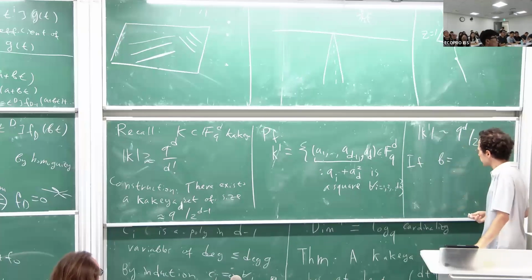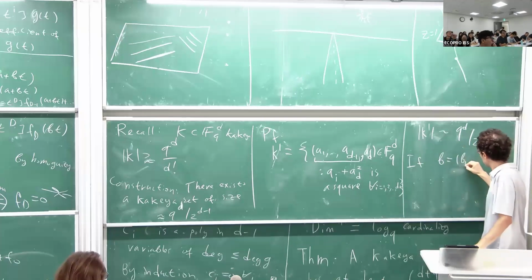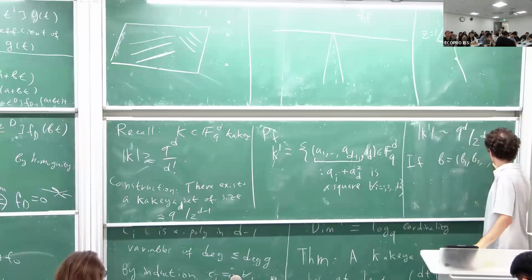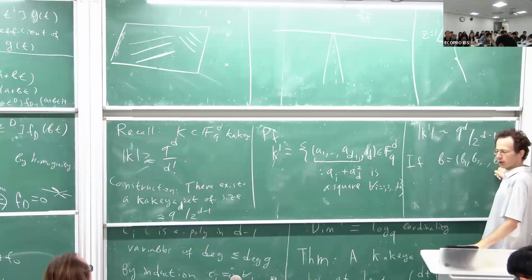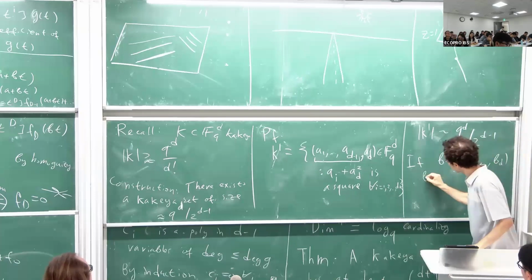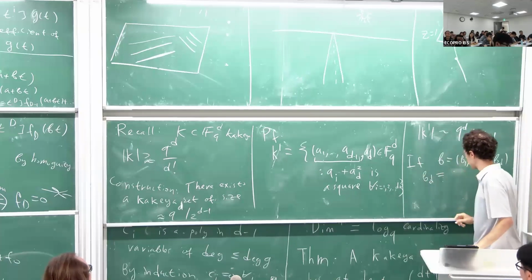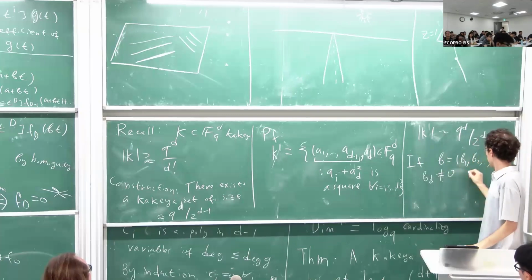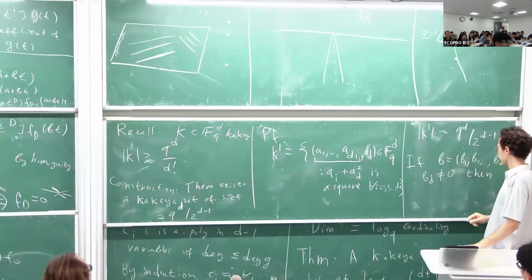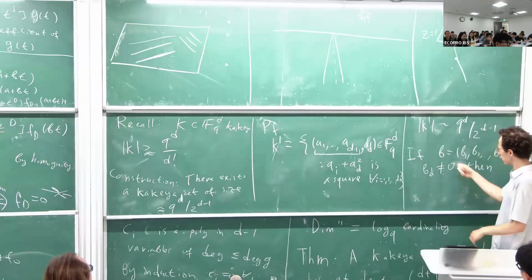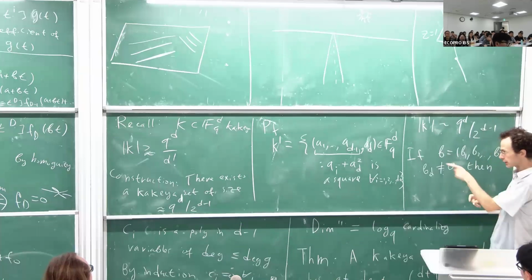And if b is any direction for which the last coordinate is non-zero, so not every direction, but many directions, then I'm going to find a line pointing in that direction inside K prime.